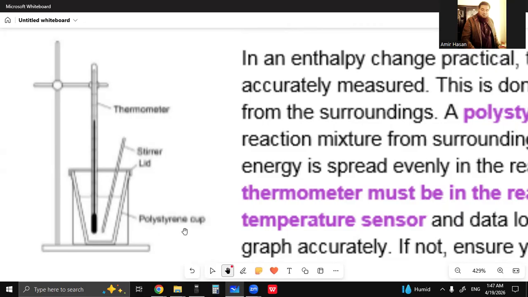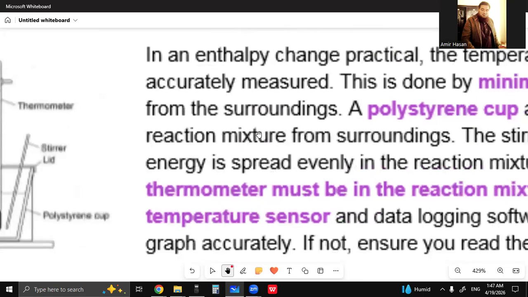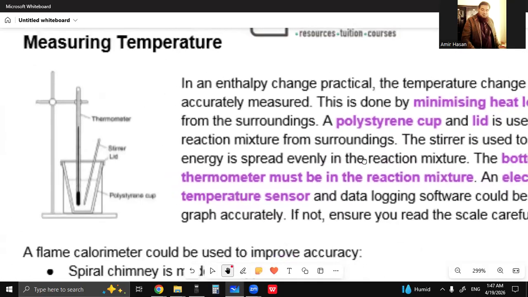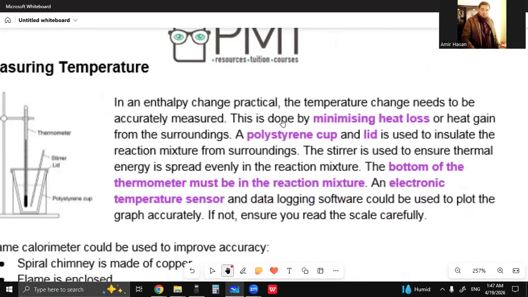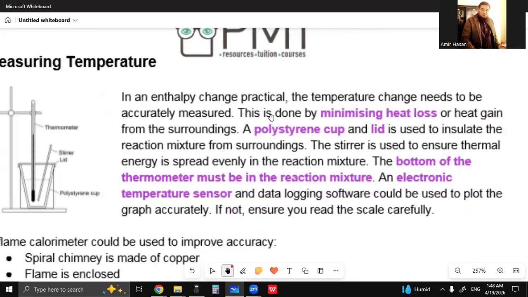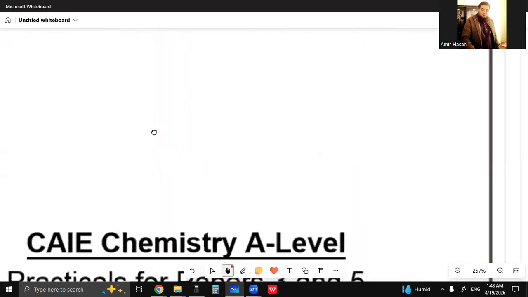Here we are using the polystyrene cup. Why we are using the polystyrene cups, we will discuss here. In an enthalpy change practical, the temperature change needs to be accurately measured.